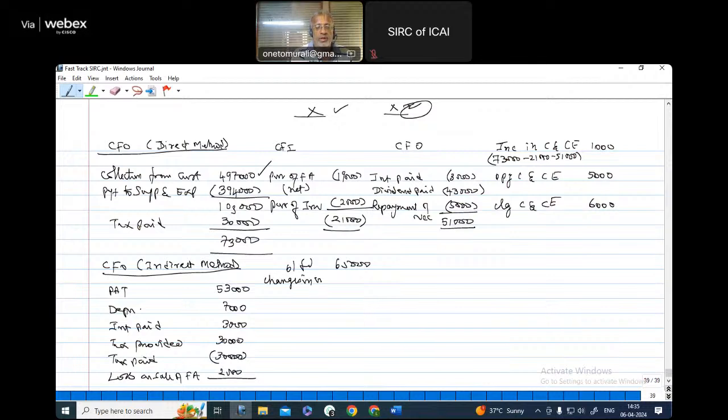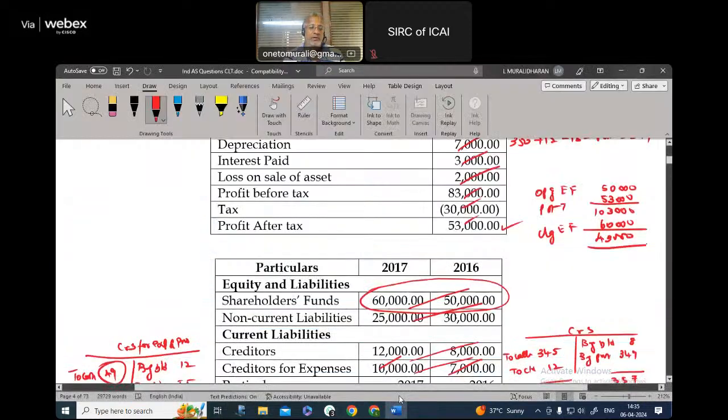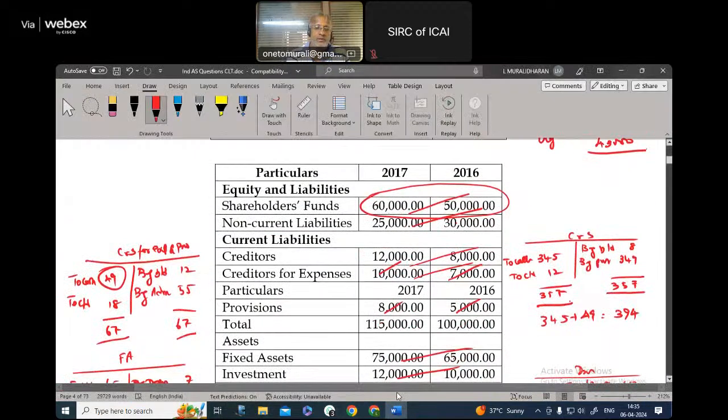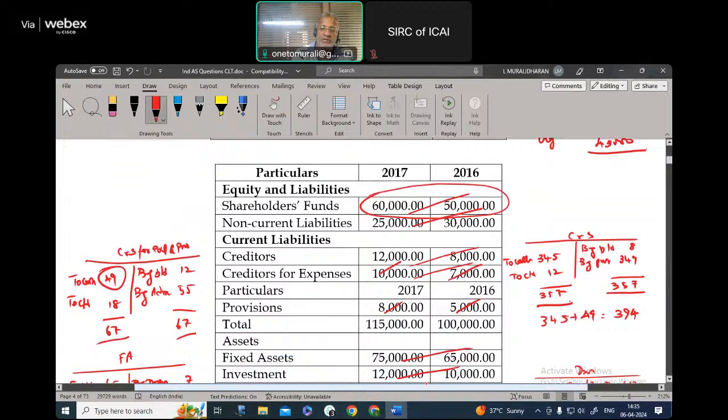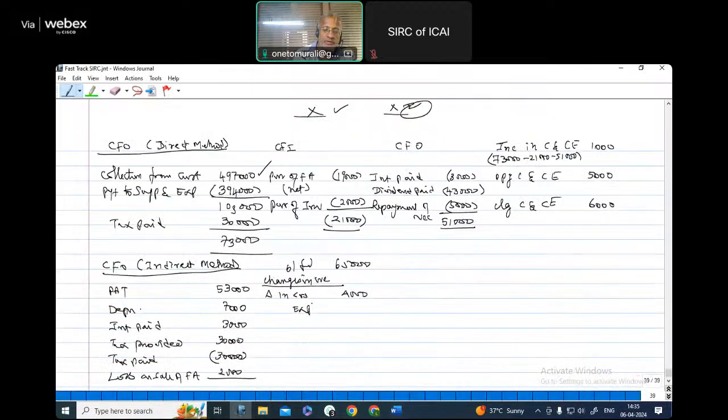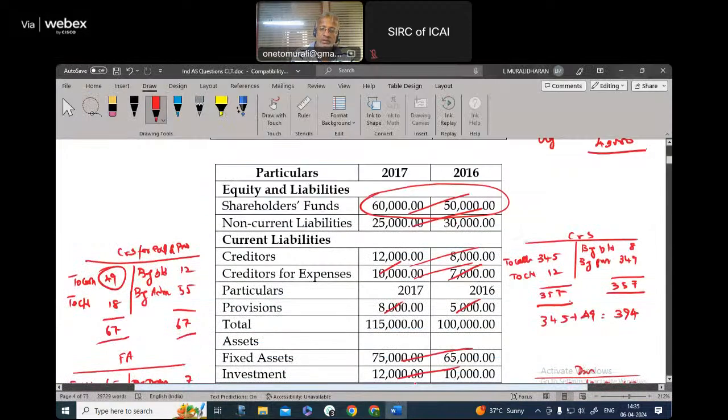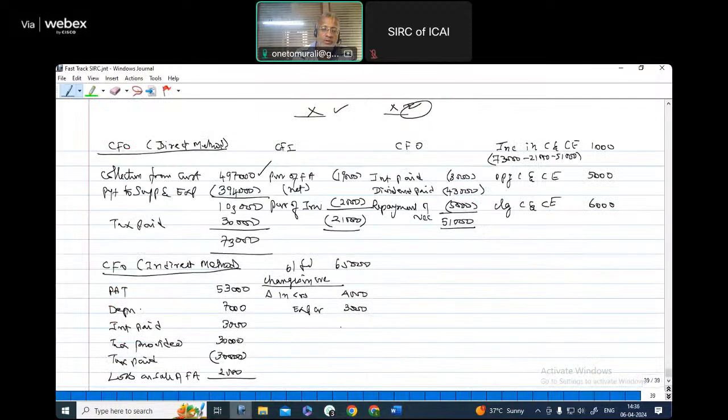Changes in working capital items other than cash. Change in creditors 4,000. There is change in creditors for expenses 3,000. Then provision 3,000.